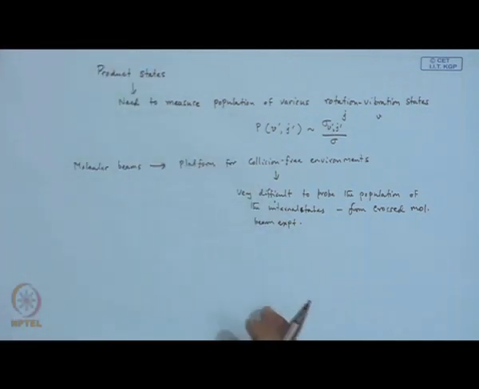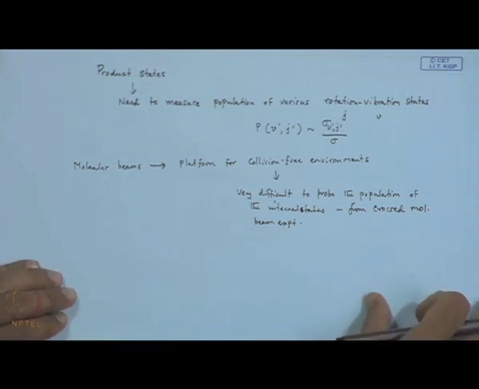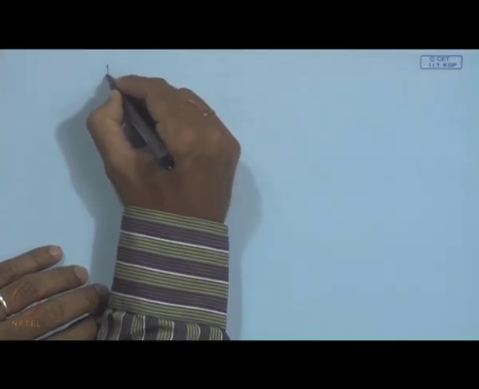So it requires other techniques by which you should be able to find out this internal state population. So other methods are like one is infrared chemiluminescence.